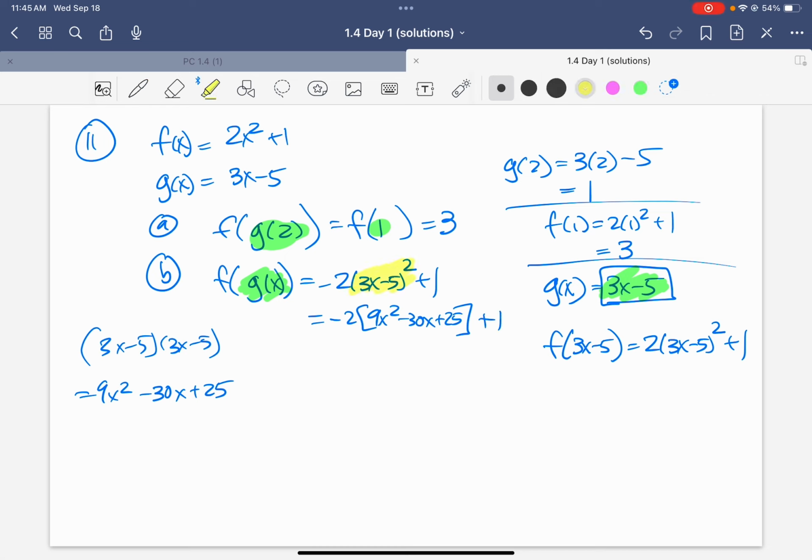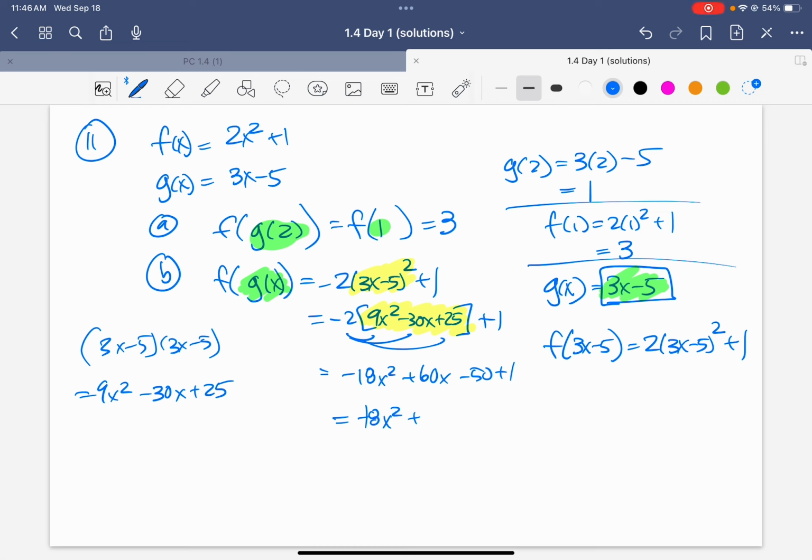So this, when you square it, just turns out to be this. But then you distribute through that 2 and get 18x squared minus 60x plus 50 plus 1. So that just turns out to be 18x squared minus 60x plus 51. Okay? So that's f of g of x.